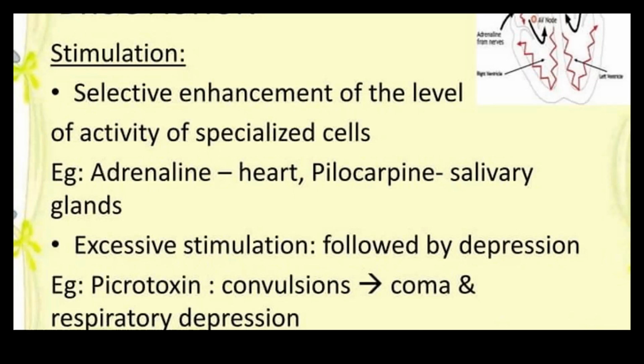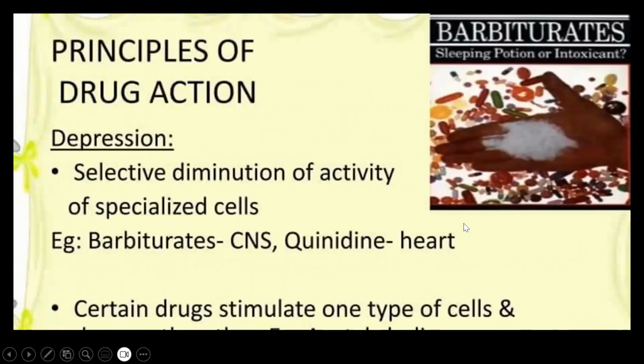The second type of classification is depression. It means selective diminution of activity of specialized cells, such as barbiturates depress the CNS, quinidine depresses the heart, omeprazole depresses gastric acid secretion.